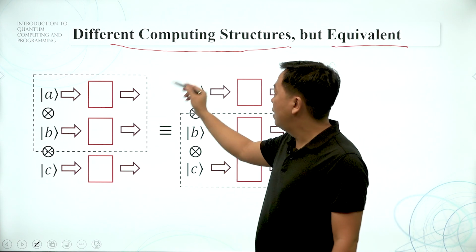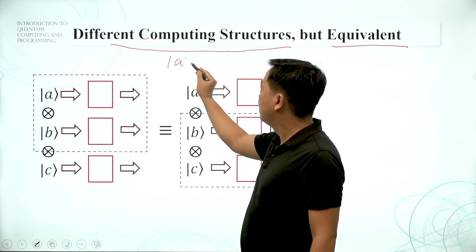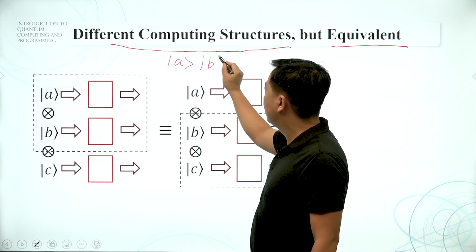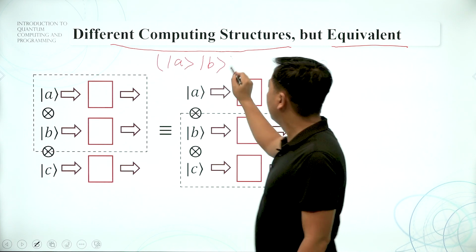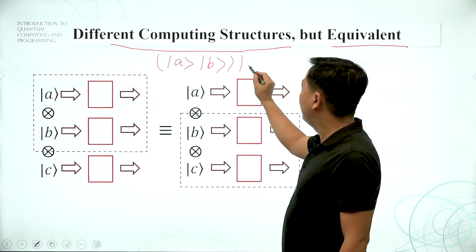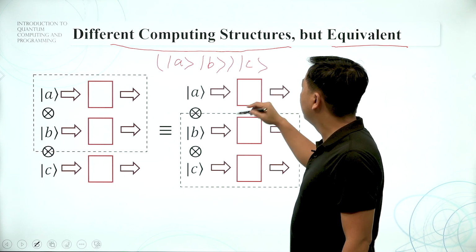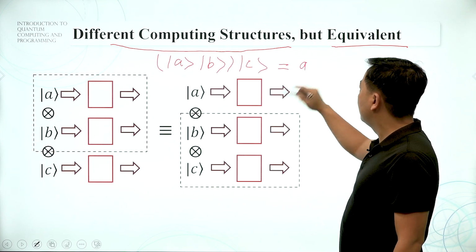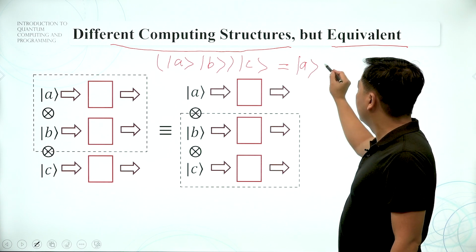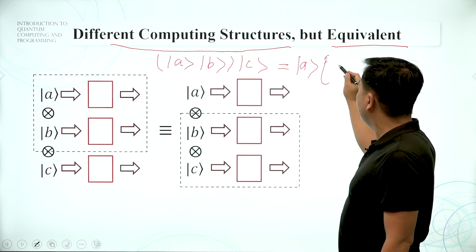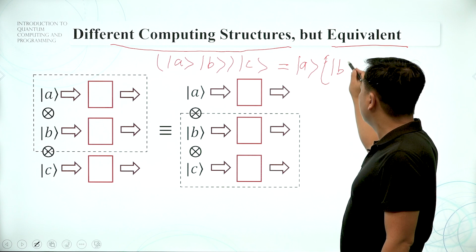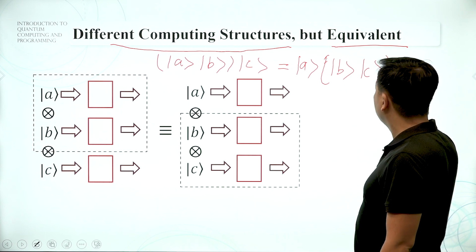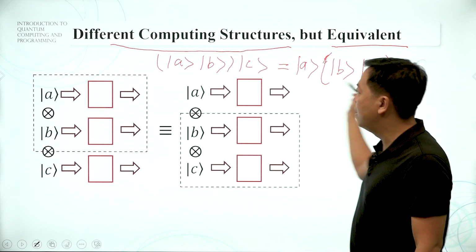That means A multiply with B and multiply with C equal to A multiply this B and C. Yeah, this one is equal.